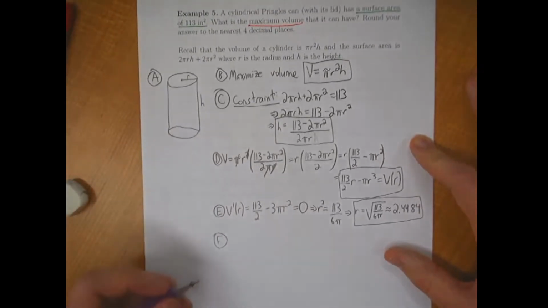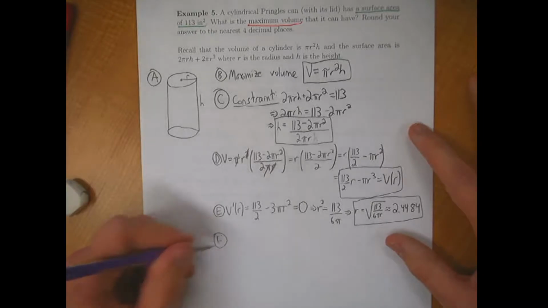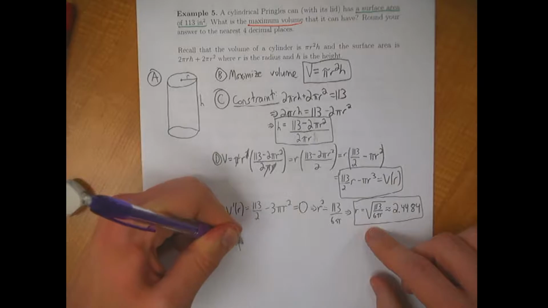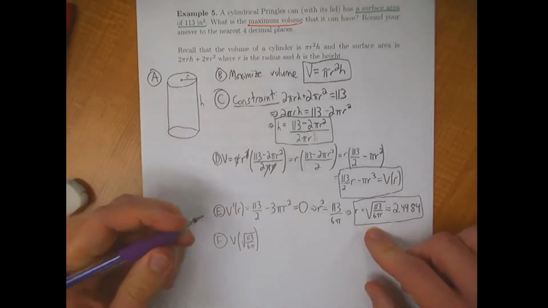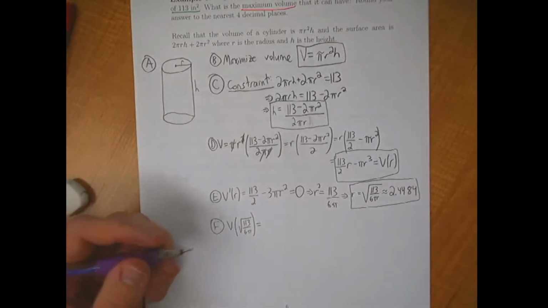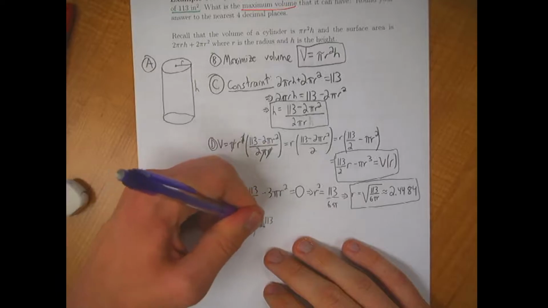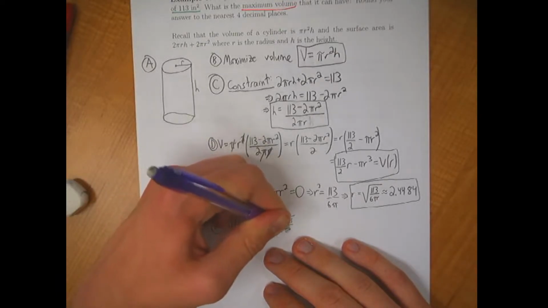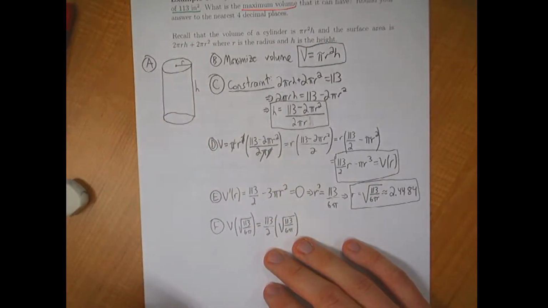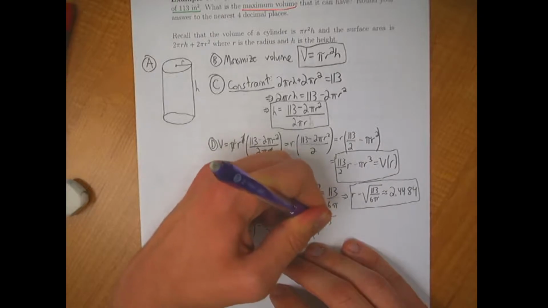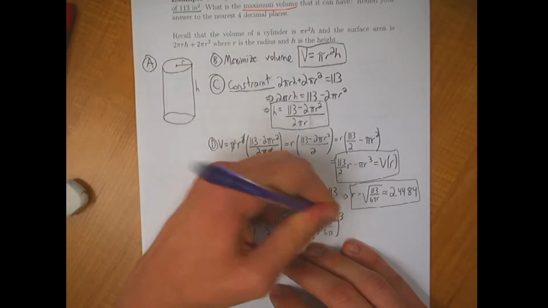So if we plug in V of the square root of 113 over 6 pi into our calculator, we have 113 over 2 times the square root of 113 over 6 pi, minus pi times the square root of 113 over 6 pi cubed.